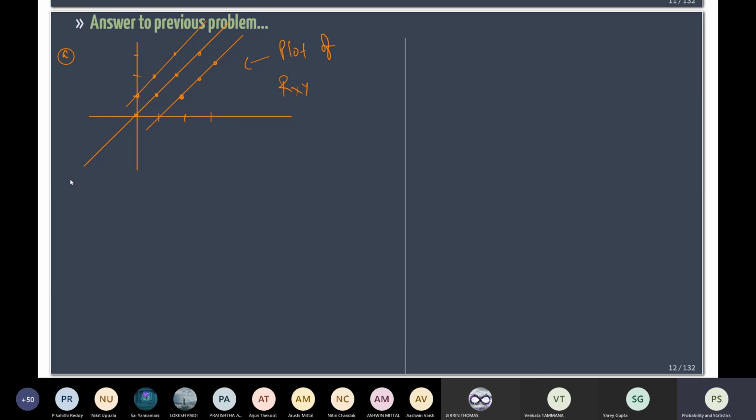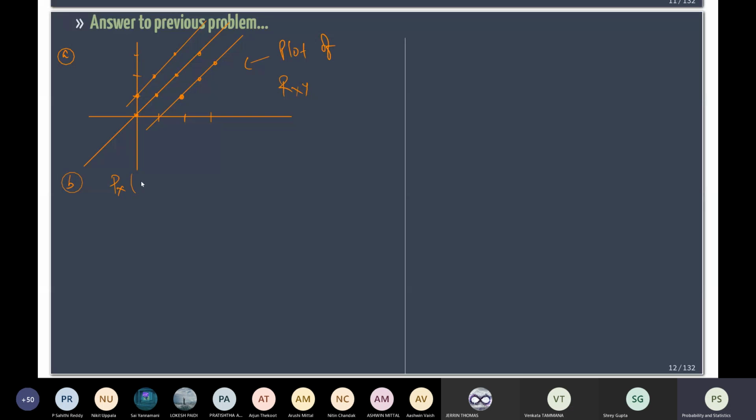Okay, so question B. Due to symmetry, you can already claim that x and y must have the same marginal. But we don't have to rely on that intuition; we can write it down explicitly.